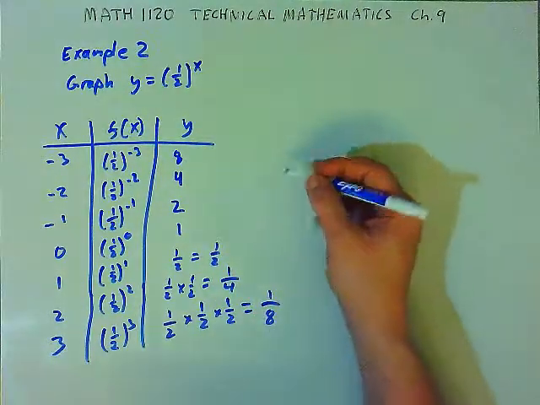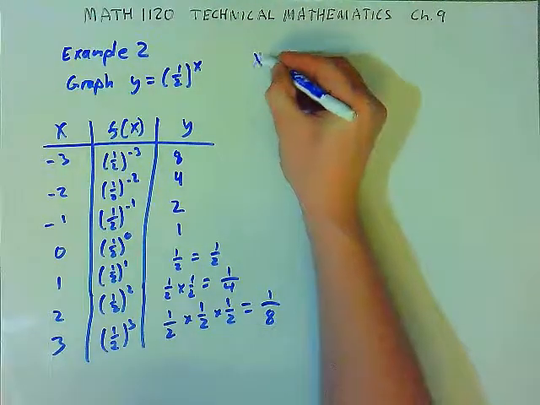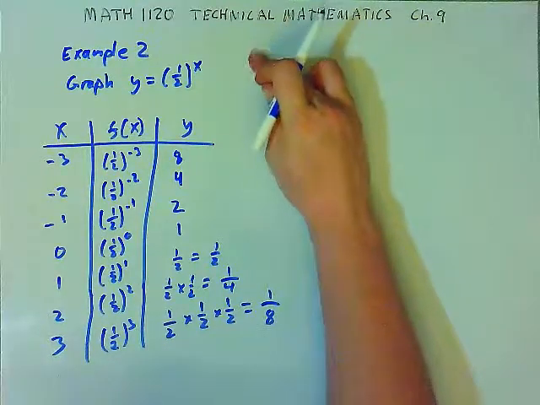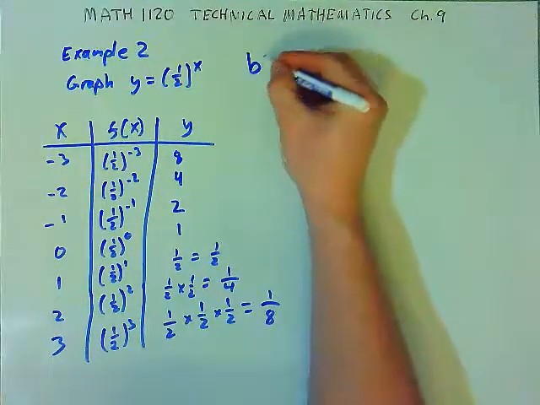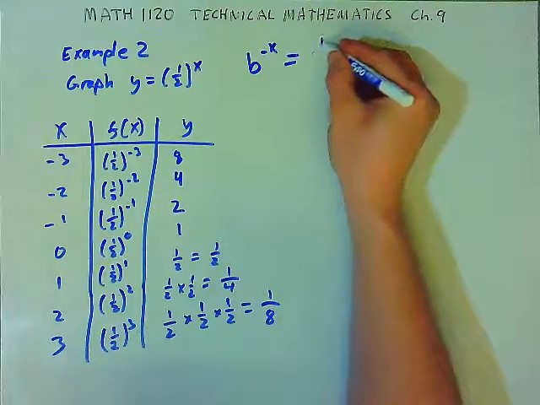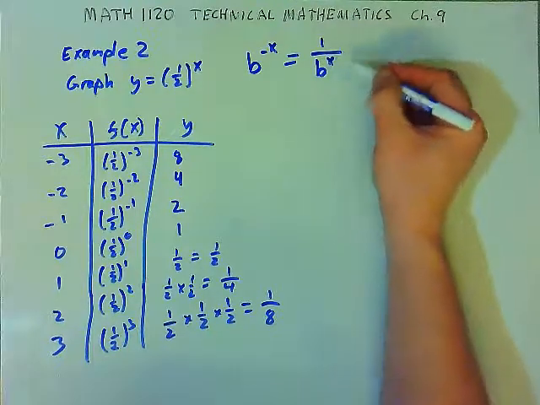And so in general, we can say that any number raised to a negative exponent is the same as 1 divided by that same number to a positive exponent.